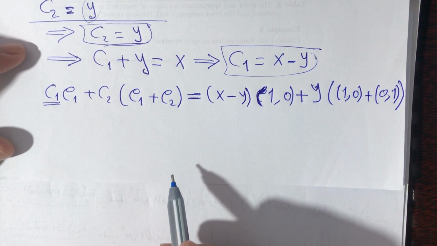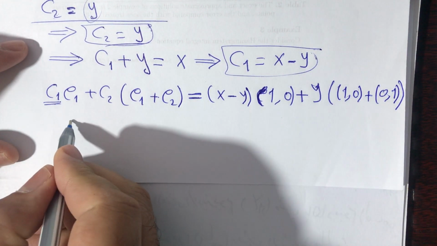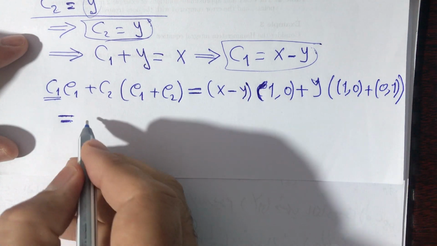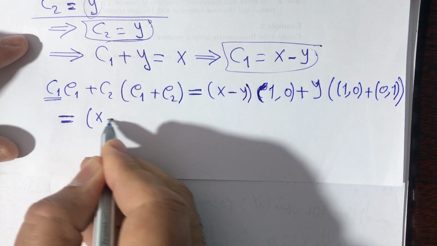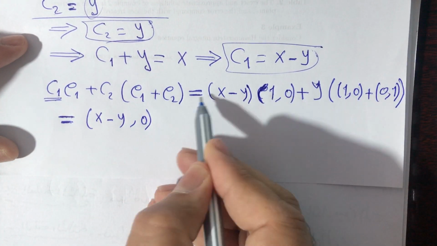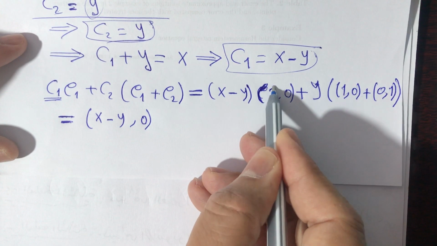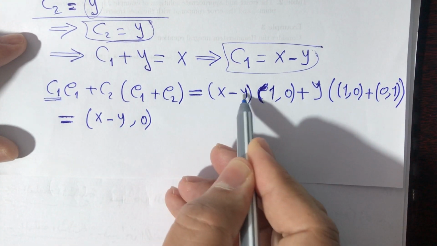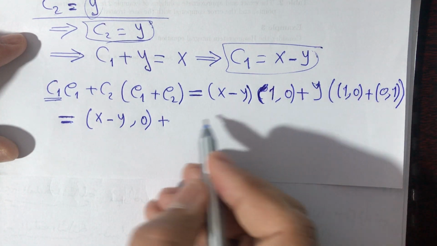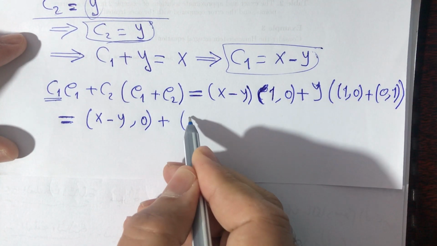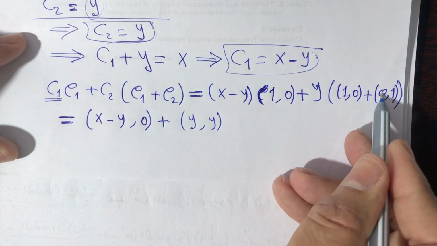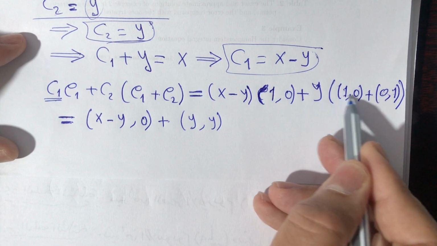What will you get? This will be equal to (x minus y, 0), because x minus y times 1 is x minus y, and x minus y times 0 is 0. Plus y times (1, 1): 1 plus 0 is 1, and 0 plus 1 is 1, so this will be (1, 1).